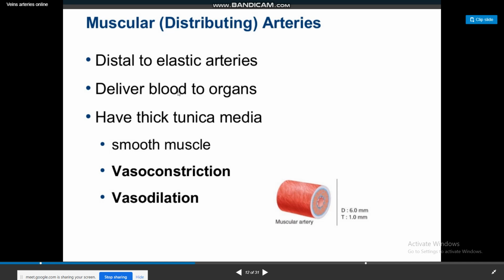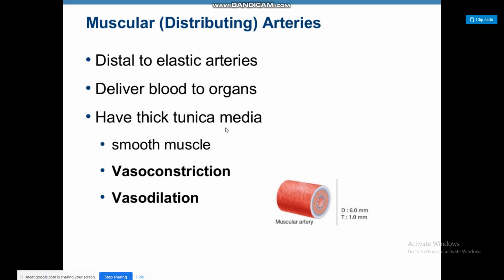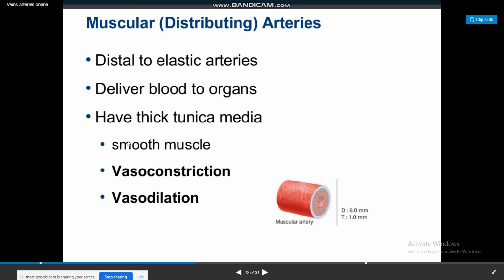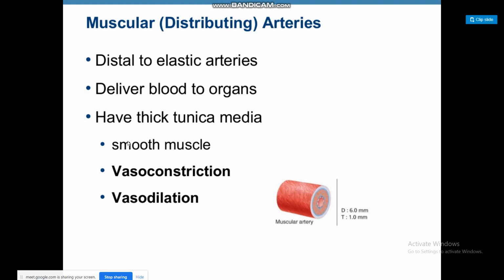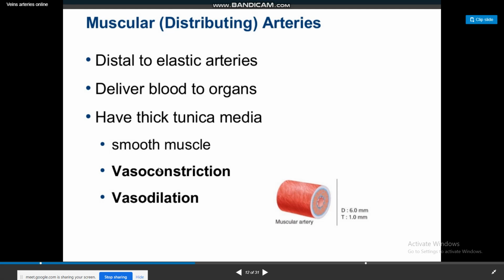The middle layer, the tunica media, is thick compared to the tunica interna and tunica externa. These arteries can penetrate between smooth muscles. Their functions are also like the elastic arteries: vasoconstriction and vasodilation.